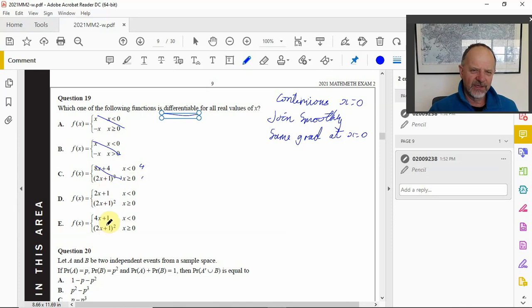And then we've got these other two options that we would need to look at as well. And when you have done that, you find that that particular one, option E, will satisfy these two conditions. All right, as I said, it would take too long for me to show you all of that.